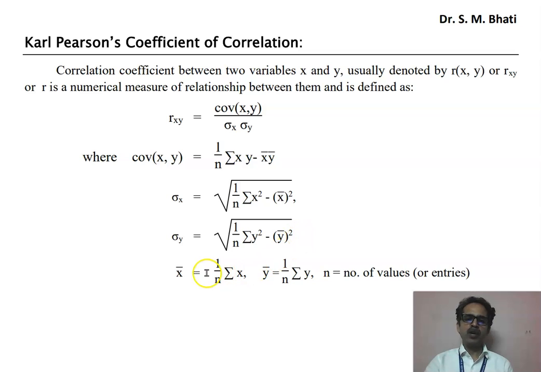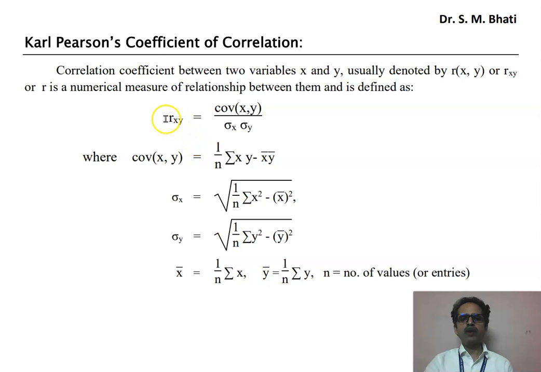As I said, x bar and y bar are the arithmetic means of x and y. That means x bar is equal to 1 upon n summation x and y bar is equal to 1 upon n summation y. Here n stands for the number of values or number of entries.